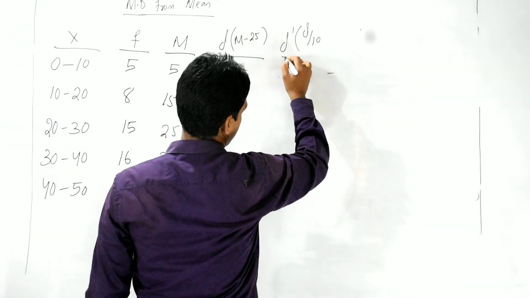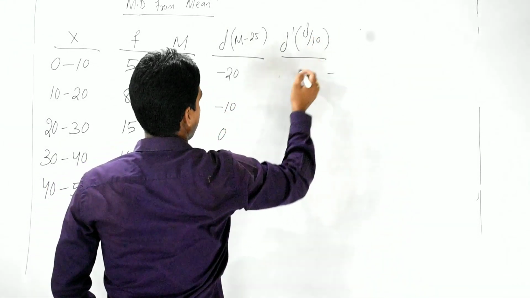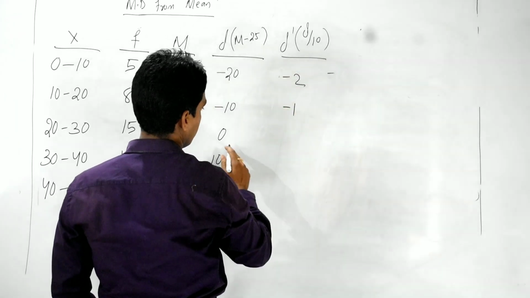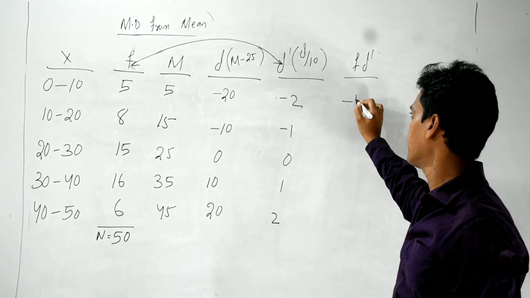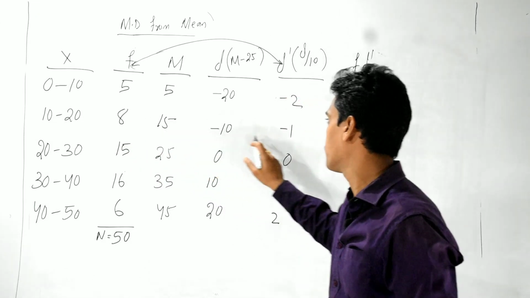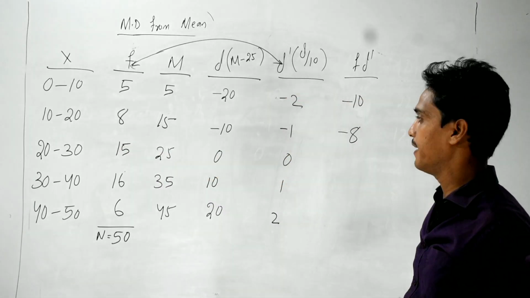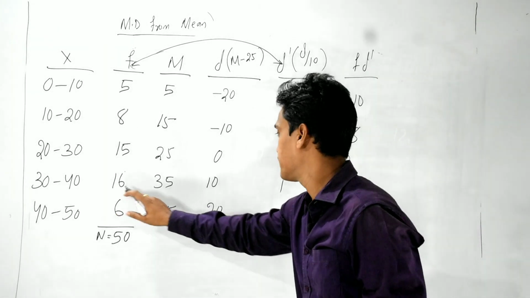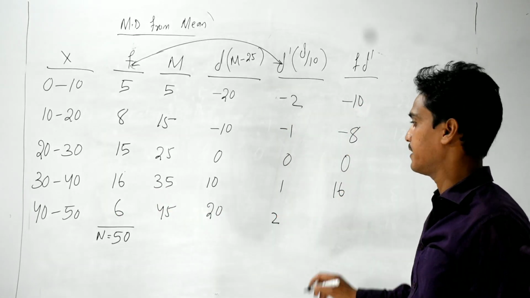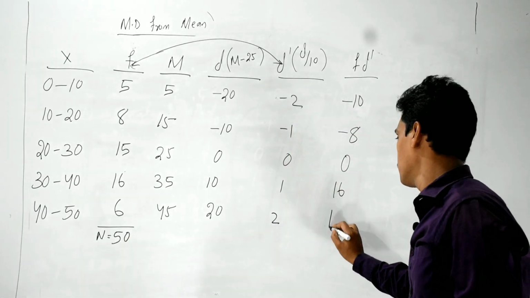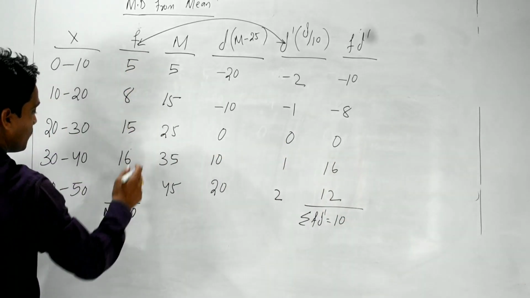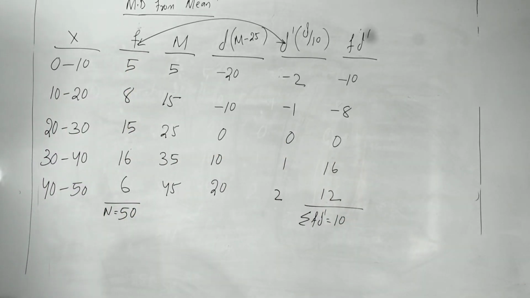So D dash equals minus 2, minus 1, 0, 1, 2. f into D dash: 5 into minus 2 is minus 10, 8 into minus 1 is minus 8, 15 into 0 is 0, 16 into 1 is 16, 6 into 2 is 12, and total frequency n equals 50.